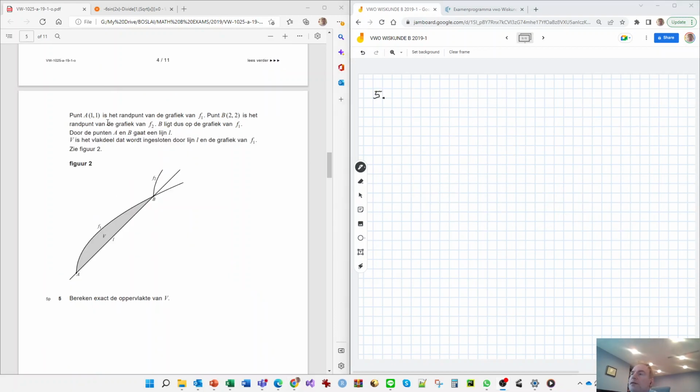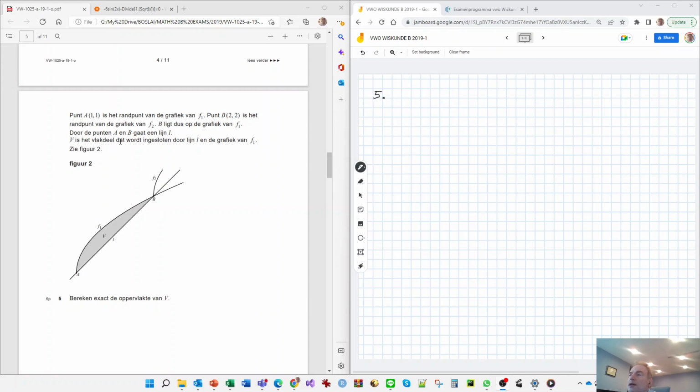Question 5. We have a point A, which is the randpunt from f1, and we have point B, which is the randpunt from f2. So B is on the graph of f1. Yes, that's what we just showed.